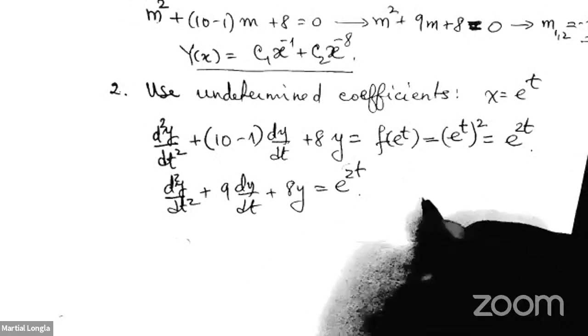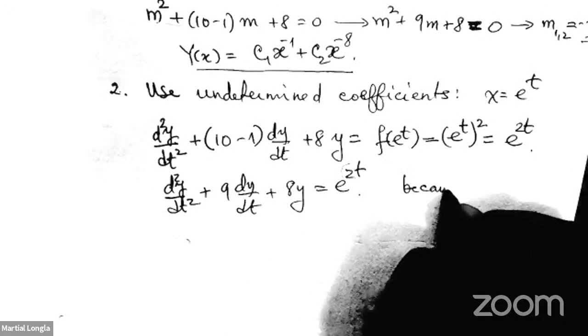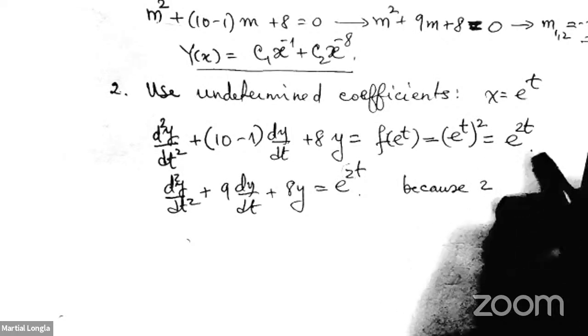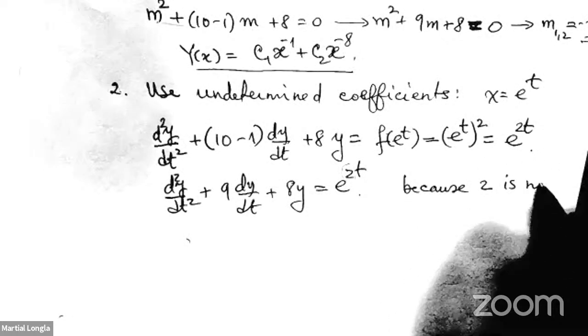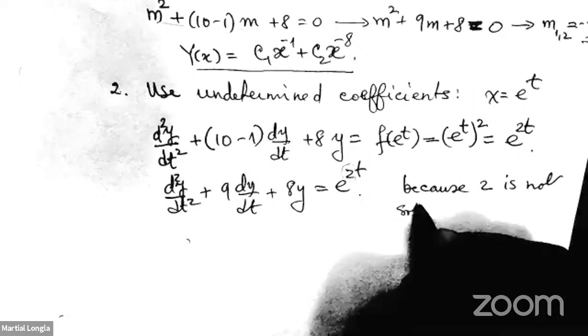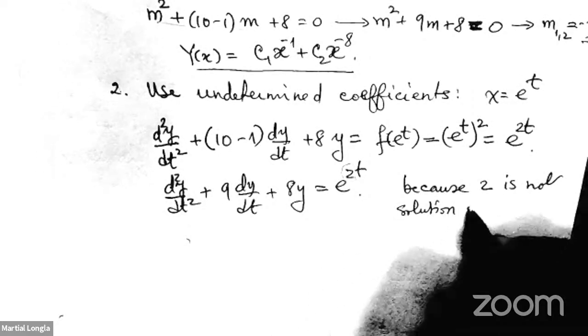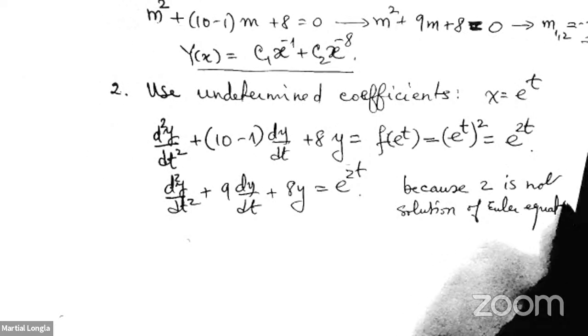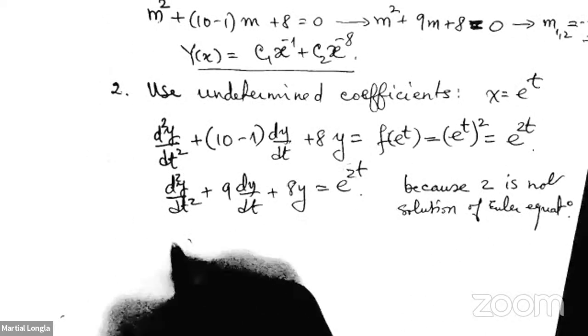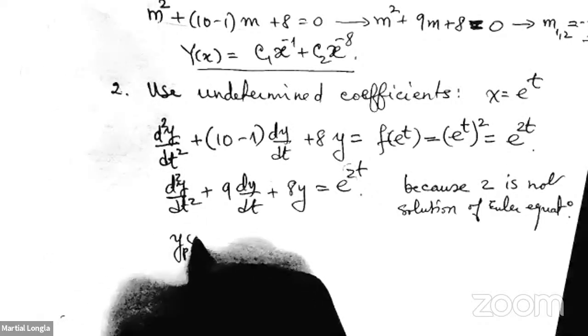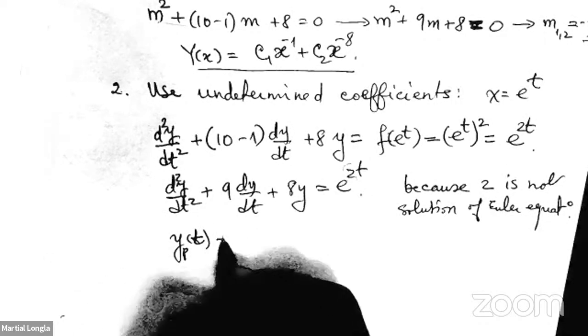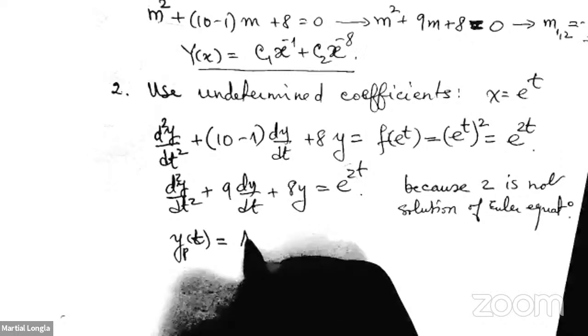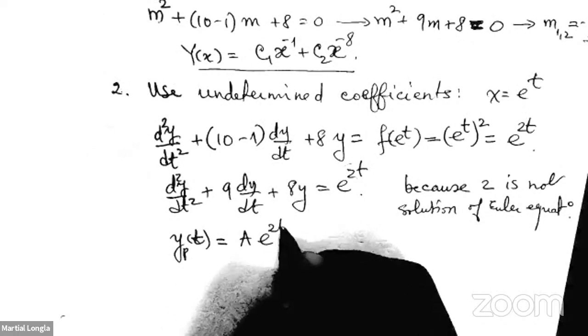So because 2 is not a solution of the Euler equation, we have to find yp of t, because it's a function of t, equals a e to the 2t.